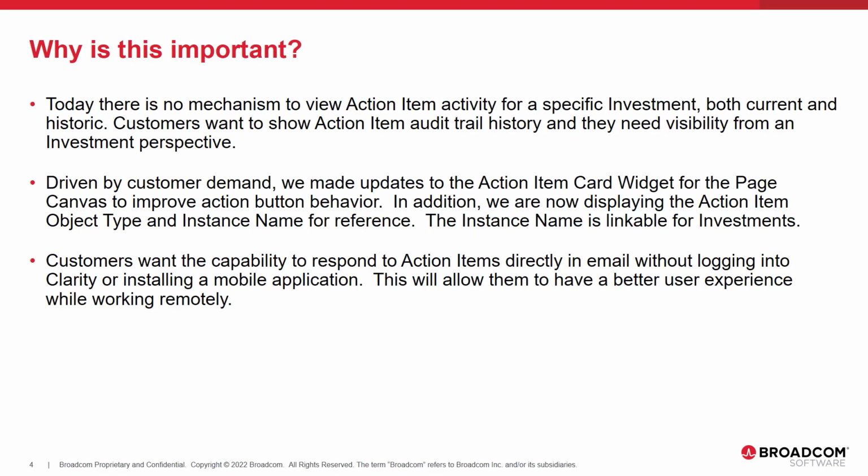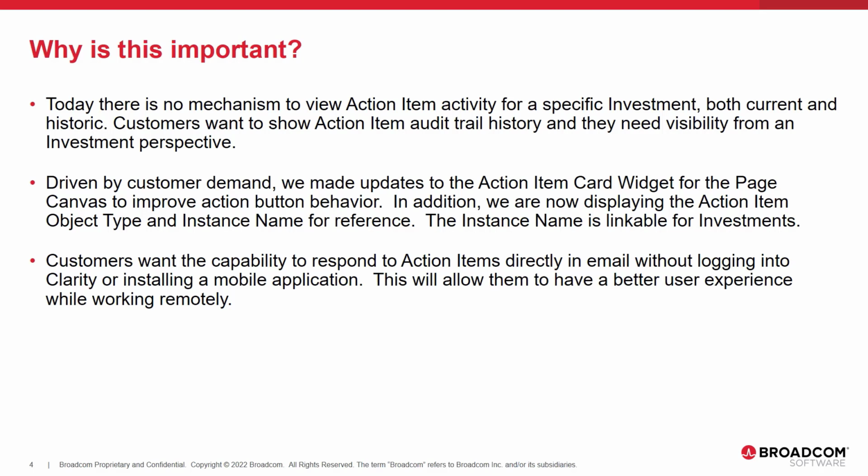So why is this important? Currently, there's no mechanism inside of the product where you can view action item history and audit trail data or status from an investment perspective for all the action items for that investment. Next, on the action item card widget in the page canvas, customers requested that we add the object type and instance name to the action items in that widget for reference.